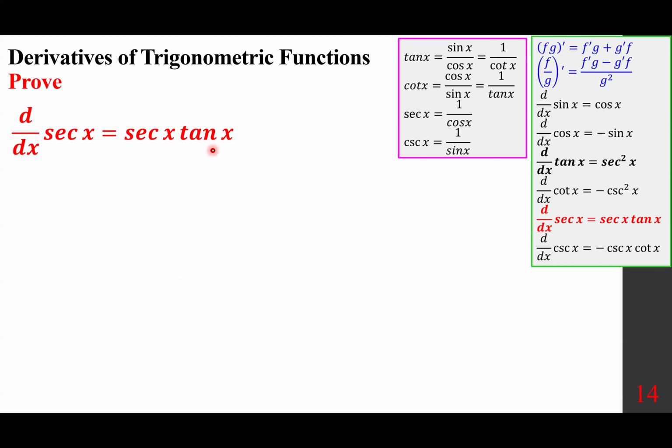The derivative of secant x is secant x tan x, and we want to prove that. Well, we said secant x is 1 over cosine x, which means f over g, and we are going to use the quotient rule, everybody.